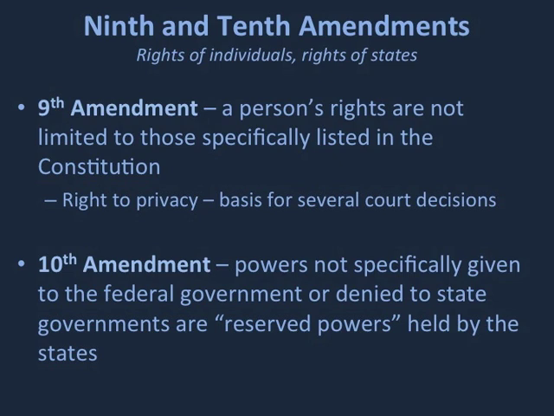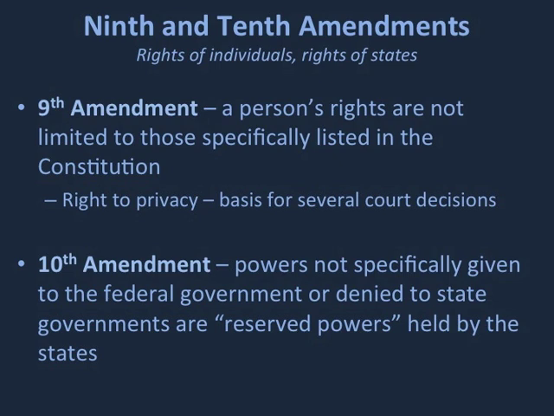And the basis of Roe versus Wade, the Supreme Court case that said that women could not be denied an abortion in the first trimester of pregnancy, that was decided based on the Ninth Amendment right to privacy that women have. Also, cases where the availability of birth control was in dispute, right to privacy was applied.